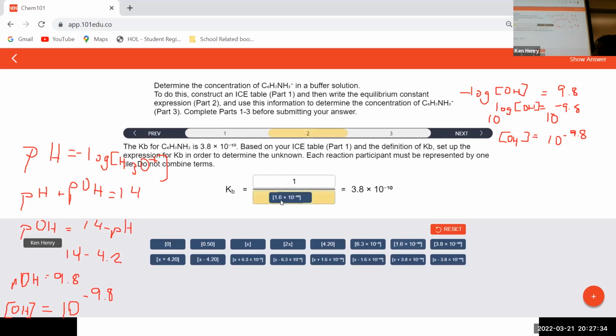Okay, so you're saying this times x plus this, right? Or did I screw up? Okay, so then I need to solve for x.